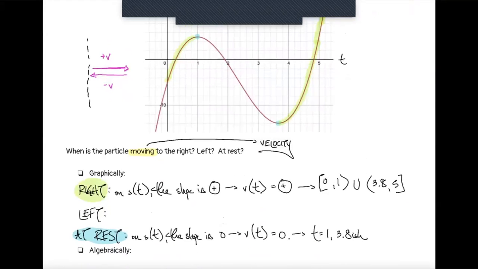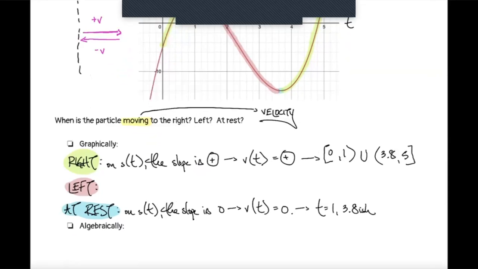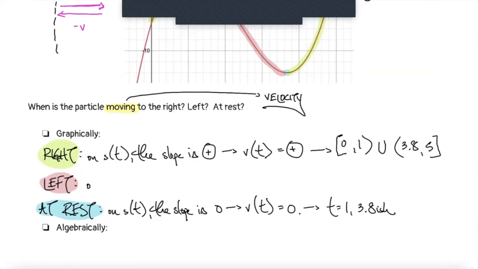All right, if moving to the right means that the slope is positive, then it must be that when we're moving to the left, we would want to choose the part of the function that has a negative slope. Okay, and in particular, we could say on S of t, the slope is negative.